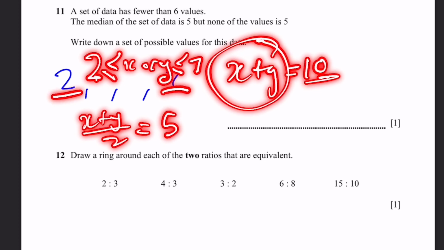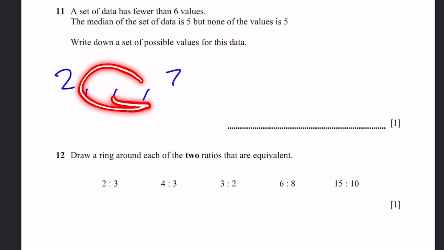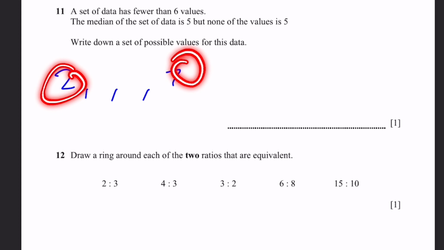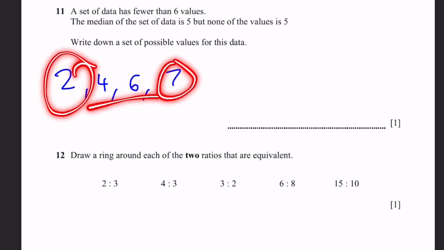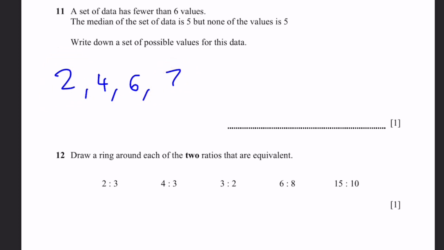Because 2 and 7 are on the outside, the middle has to be in between these 2 numbers. So I'm going to take 4 and 6 because they add up to 10. You can change all these values if you want to. So the set of possible values will be, with curly braces, 2, 4, 6, 7.